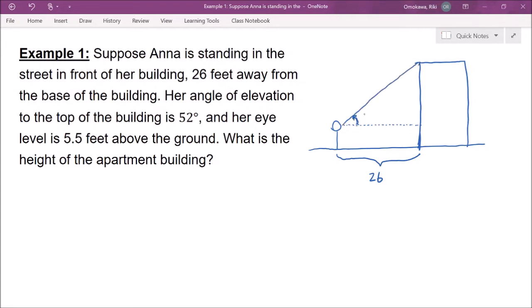And this angle of looking up is 52 degrees. And her eye level is 5.5 feet above the ground. What does that mean? That's this distance between her eye and the ground. So this is 5.5. Although that's getting kind of crowded, so let's draw that over here instead.